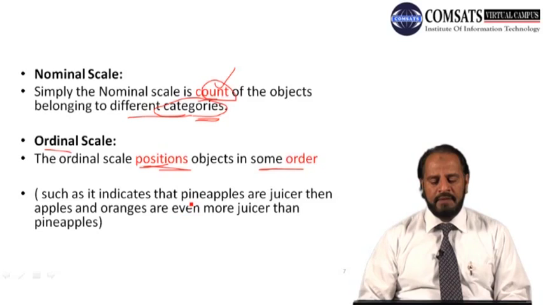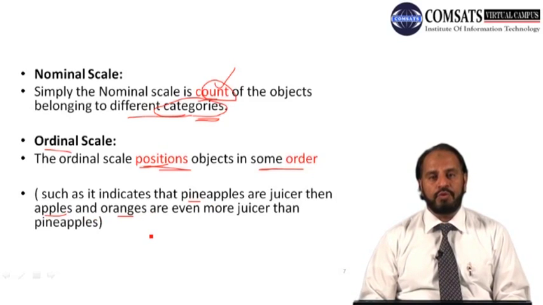An example could be that we are trying to compare between pineapples, oranges, and apples, and trying to see which are juicier. We're trying to compare among the three which is juicier.